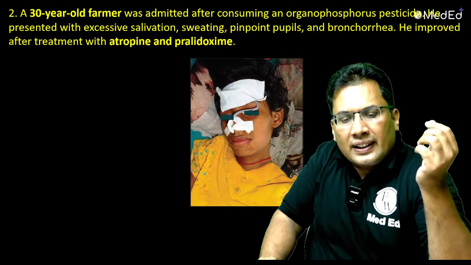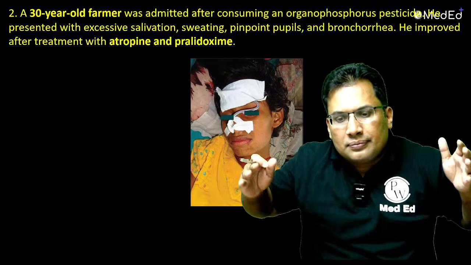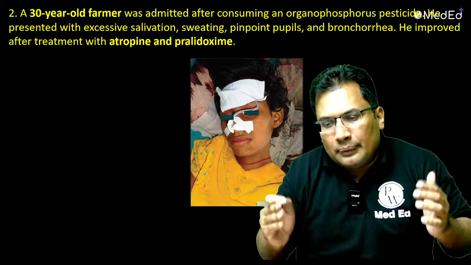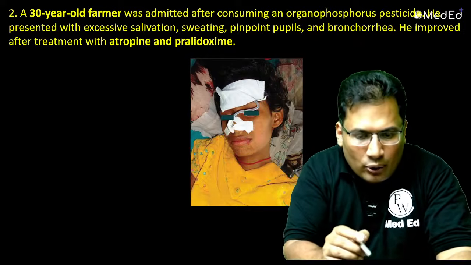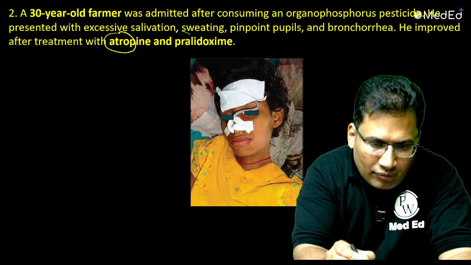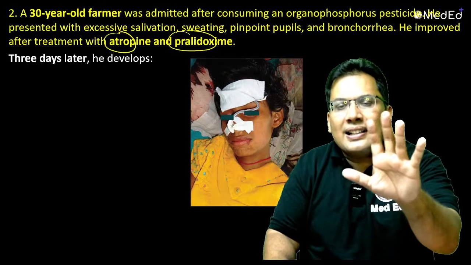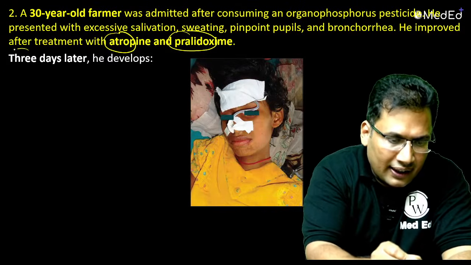She presented with excessive salivation, sweating, pinpoint pupil, bronchorrhea. He improved after treatment with atropine and prolidoxime. This we already discussed. 3 days later, try to understand, 3 days.